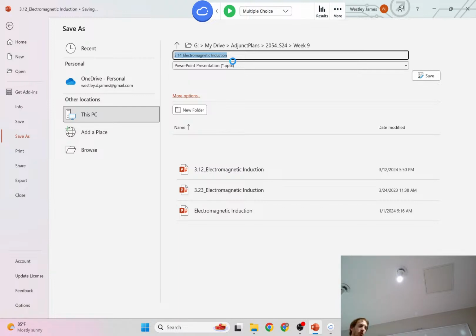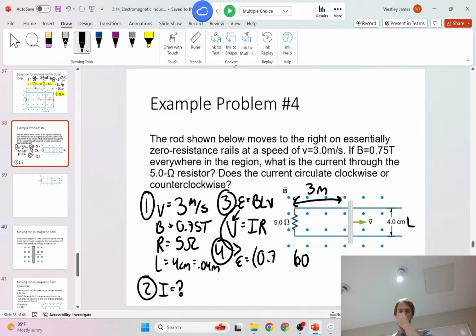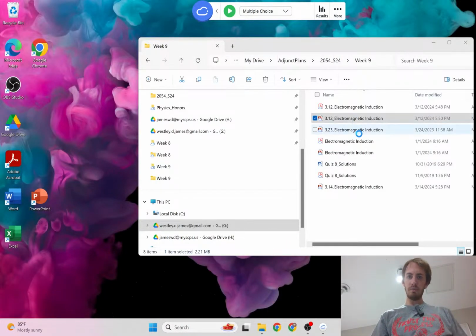So solve for the voltage, B times L times V. L is 0.04. V is whatever it said in the problem, 3 or something. Find that, plug that into V equals IR. You know R, you know V. Solve.